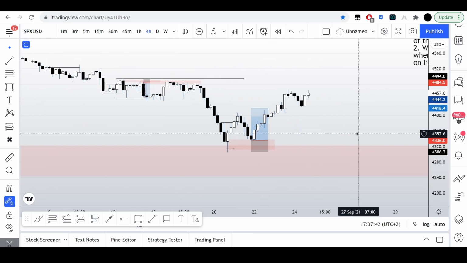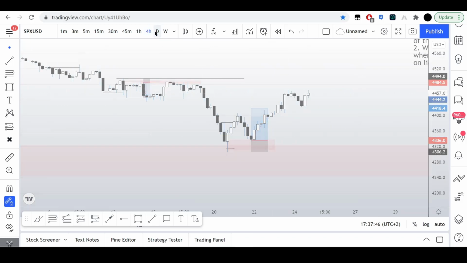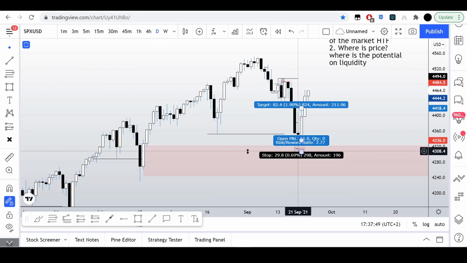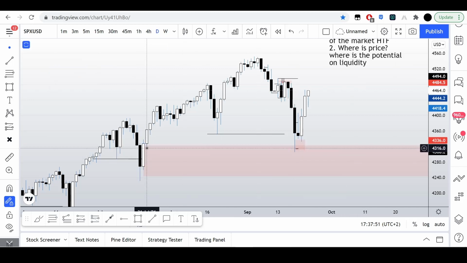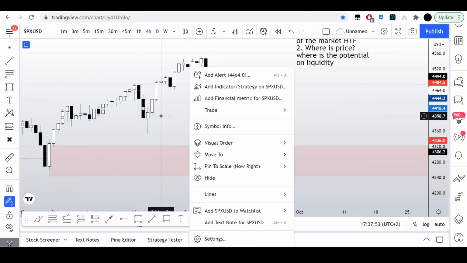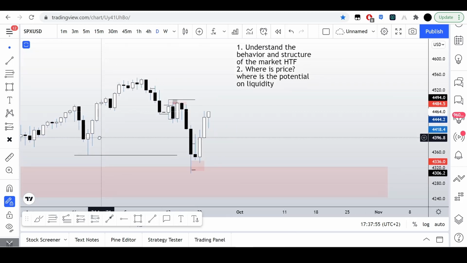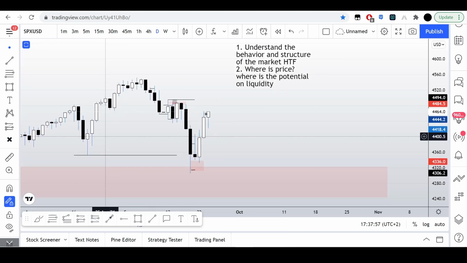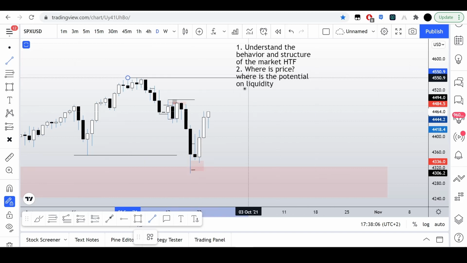Now, where is the next draw on liquidity? If we're coming from this discount, we came to mitigate here, where's the draw on liquidity, right? Can y'all tell me? I know y'all see it. I already got it marked up, right? Now I have this marked up, but also back to the highs. Why back to the highs?